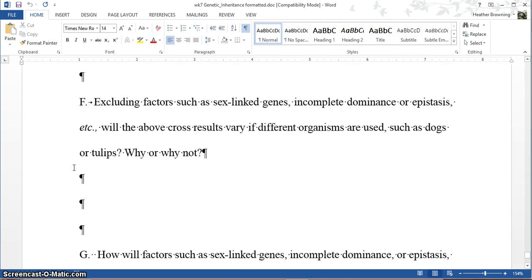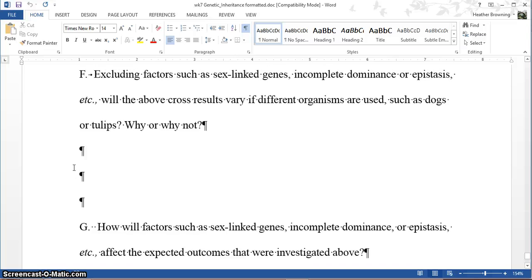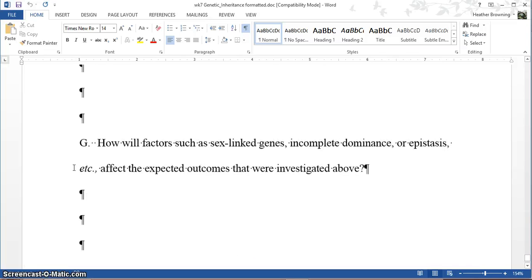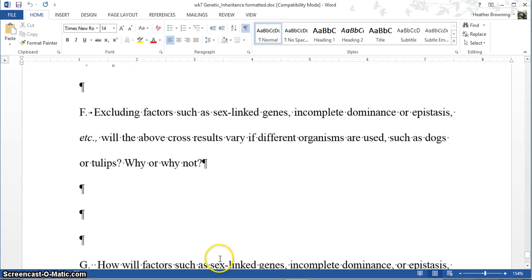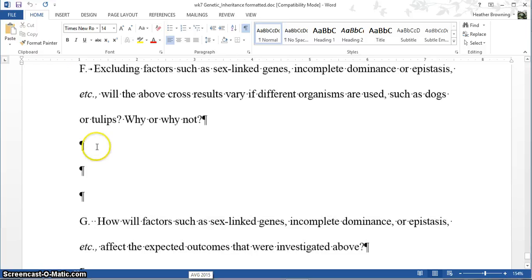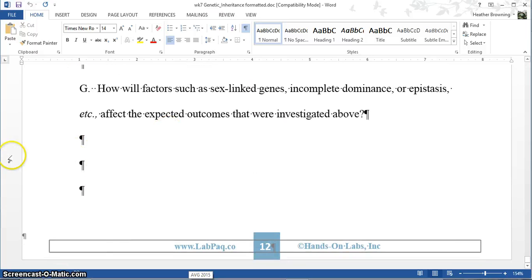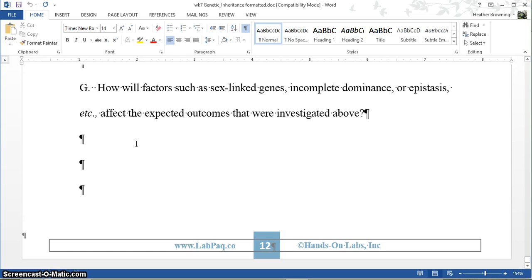Oh, how will that work? Do we not exclude those? We excluded them. Yes, so then how will that work? Does it matter? And then if you do bring in that stuff, so obviously this is going to be yes or no, and this will be the opposite. I'm guessing since you're excluding stuff, it's going to say it doesn't matter. If you bring that stuff in, it does. Why? Okay, hopefully this helped.